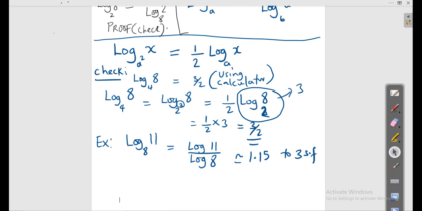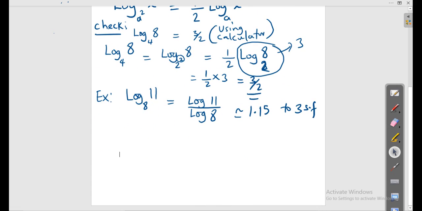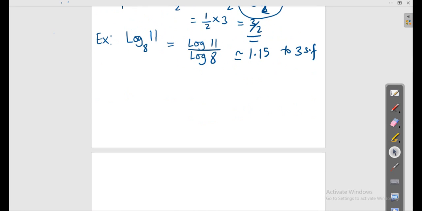Now, another method you can use to solve this question: let log 11 base 8 equal x. So this gives you 8 raised to the power x equals 11. And you say, let me add log to both sides.